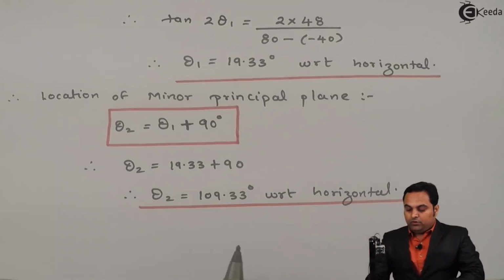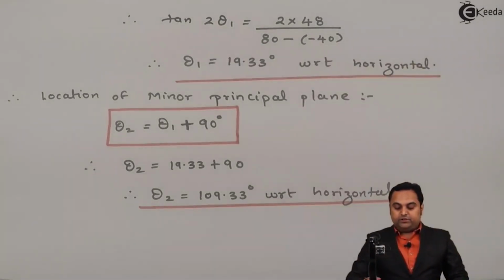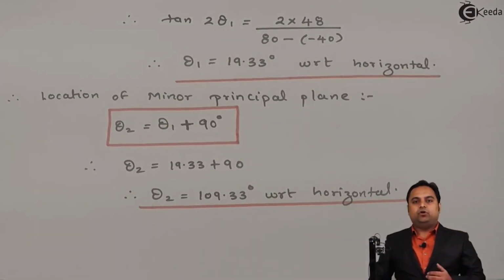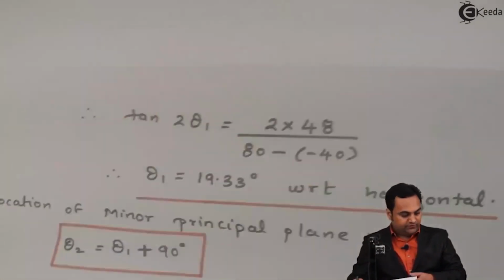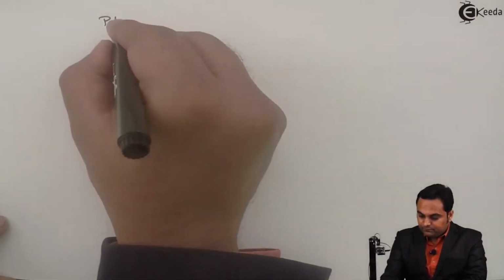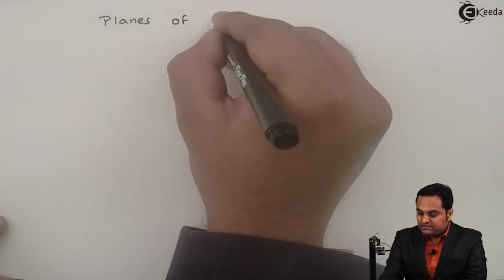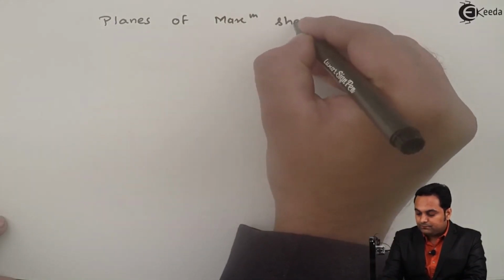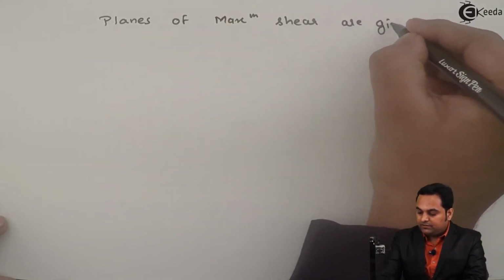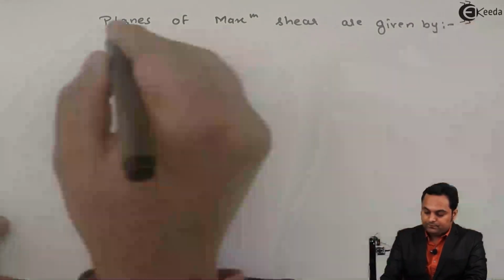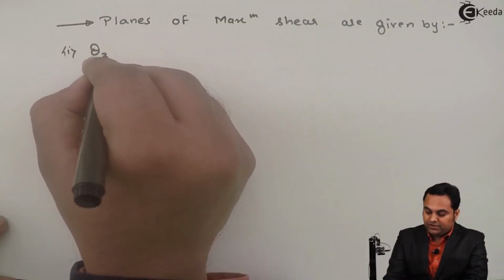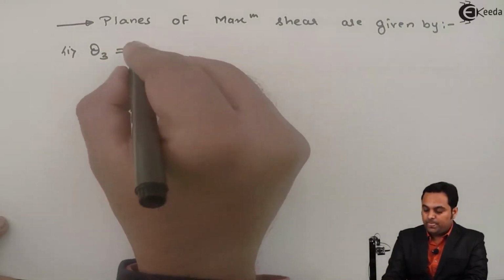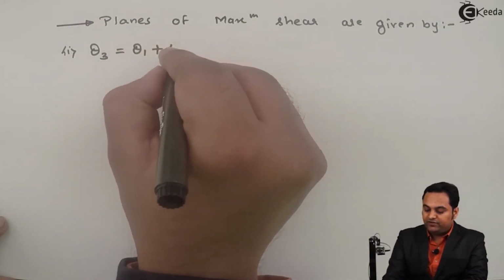Now once we have got theta 1 and theta 2, we can find the location of planes carrying maximum shear stress. So therefore planes of maximum shear are given by: the first plane is theta 3 and that is equal to theta 1 plus 45 degree.